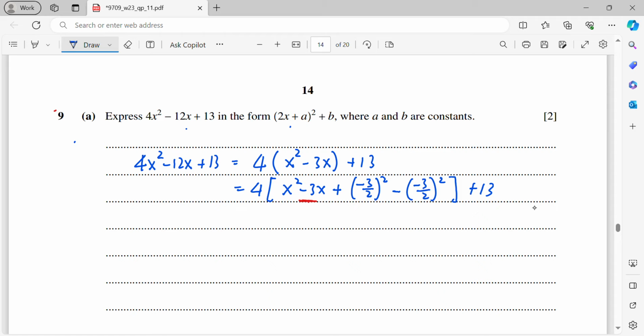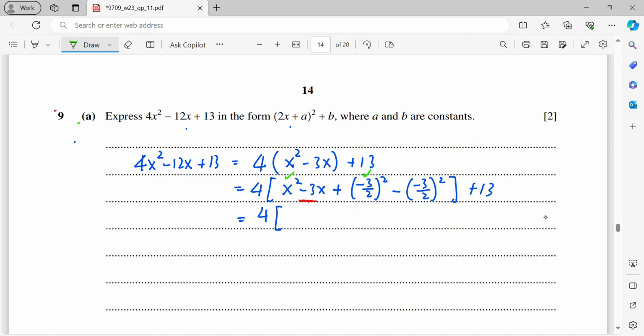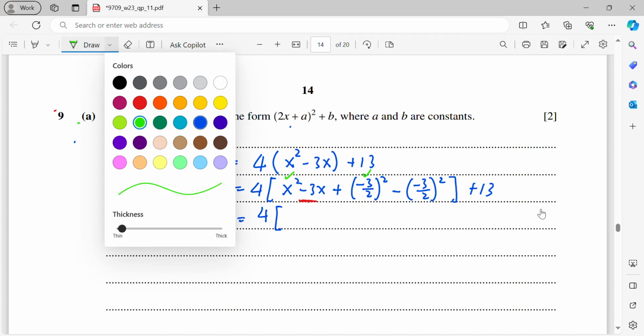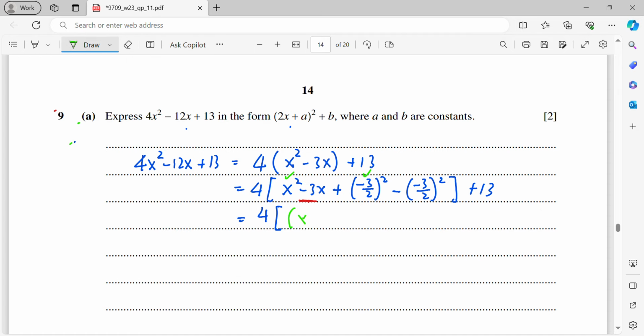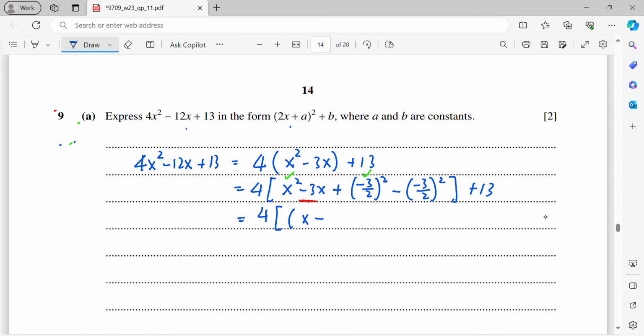Then from here, I will get 4 bracket. Now combine the first and third terms. So you will be getting x minus 3 over 2 squared.